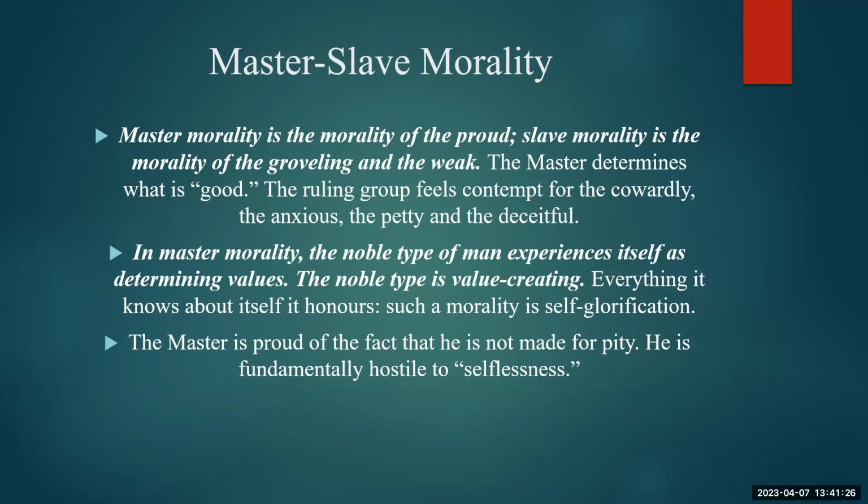And he compares that with slave morality, which is the morality of the groveling, the weak, the ineffectual, the group of people that seem to always blame others for their lack of behavior and their inability to make ends meet. So the ruling groups feel contempt for the slaves. And again, these are trigger words, master and slave. They're only ideas of people in charge of their own lives or not, right?